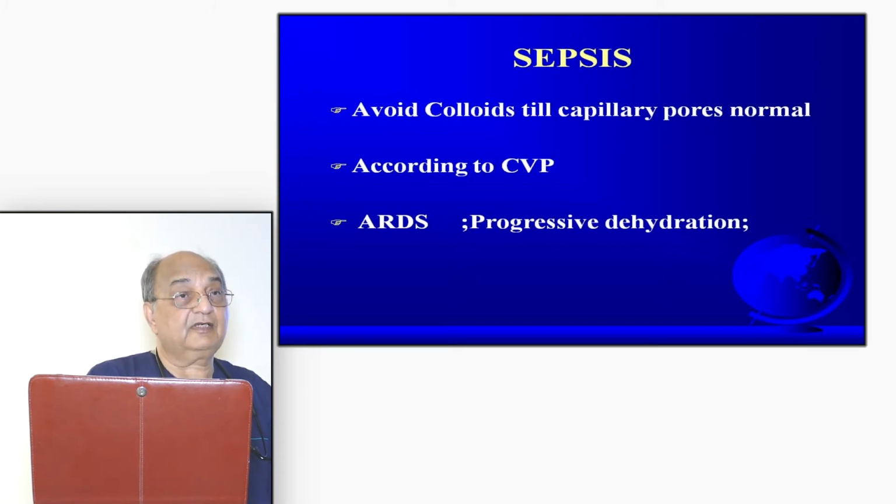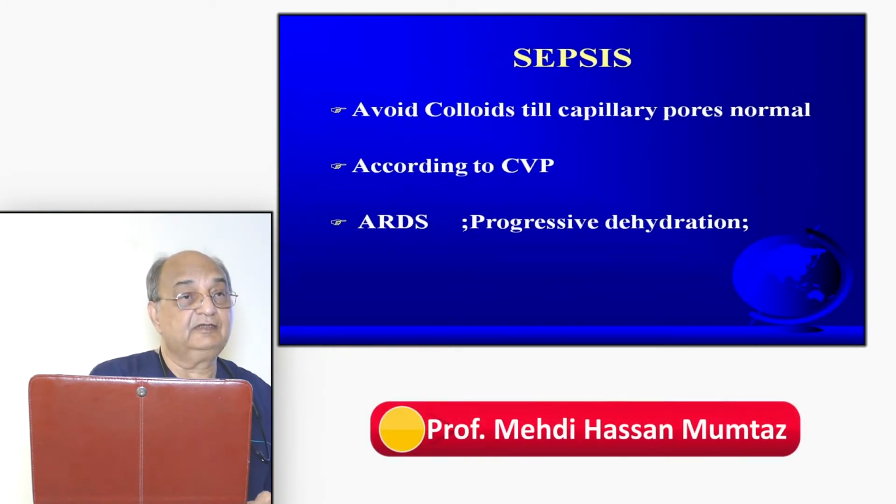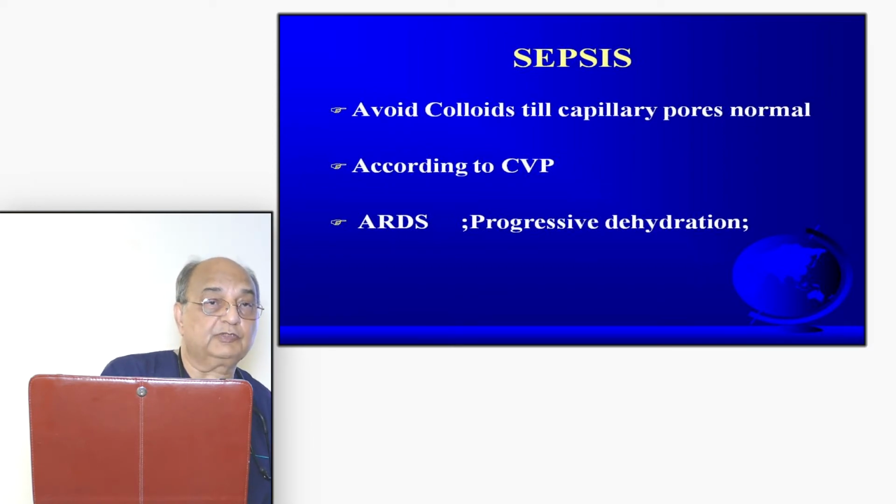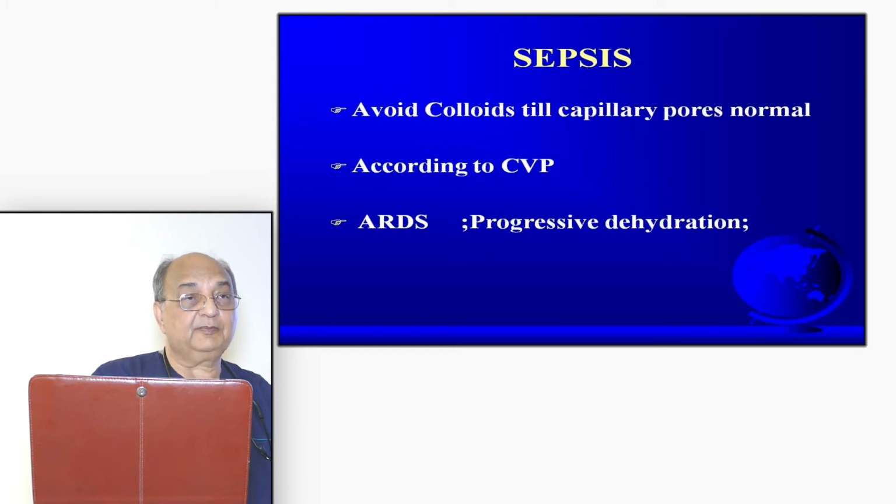And after 48 hours, through the central venous catheter, you give a bolus of 200 ml and see how much the CVP has come up. If the CVP comes up, and within 5-10 minutes again goes down, it means the pores are still open. If after 15-20 minutes the CVP has gone up, you have given a bolus dose of colloid, and the CVP has come up and stays up for more than 25 minutes, it means the pores have come to normal size.